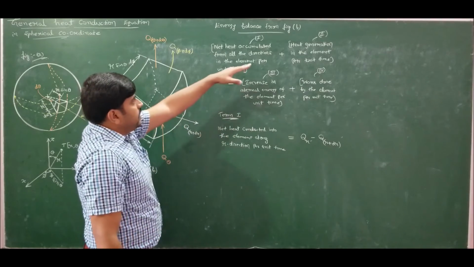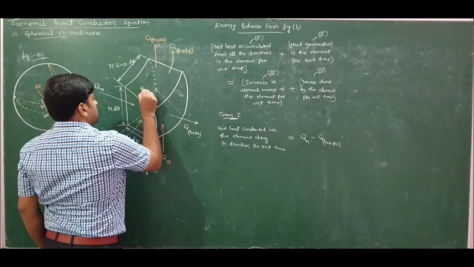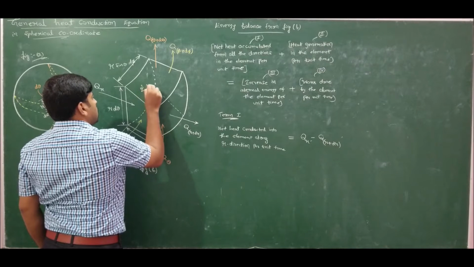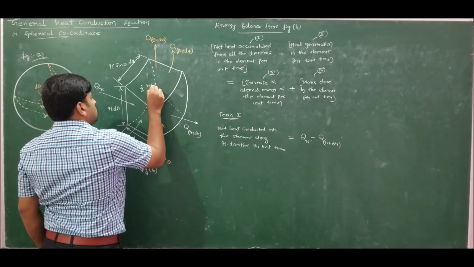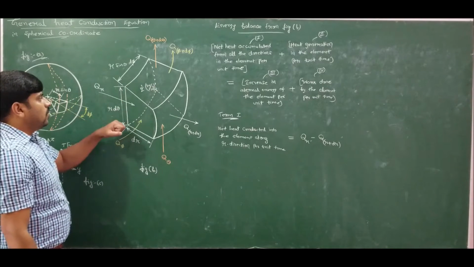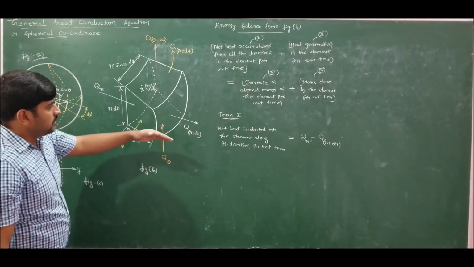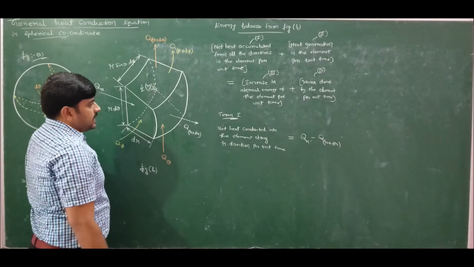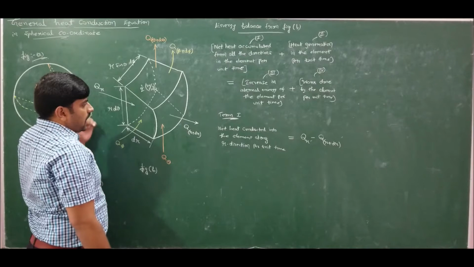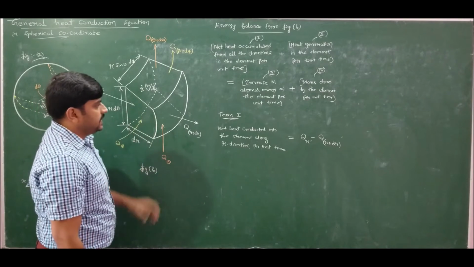Now in addition we have the heat generation consideration, so let us consider a uniform heat generation of q dot watt per meter cube. So there is a uniform heat generation inside this volume which is q dot watt per meter cube. Now coming to net heat conducted into the element along r direction per unit time, it is heat entering minus heat leaving.